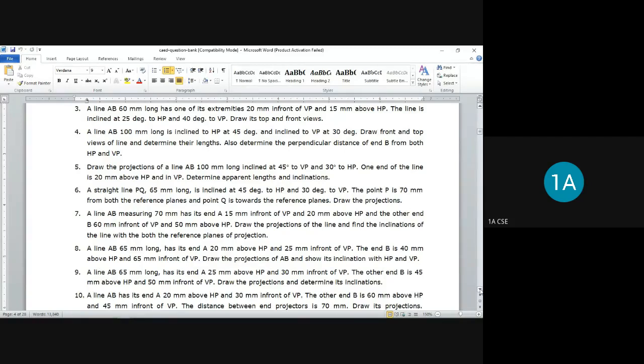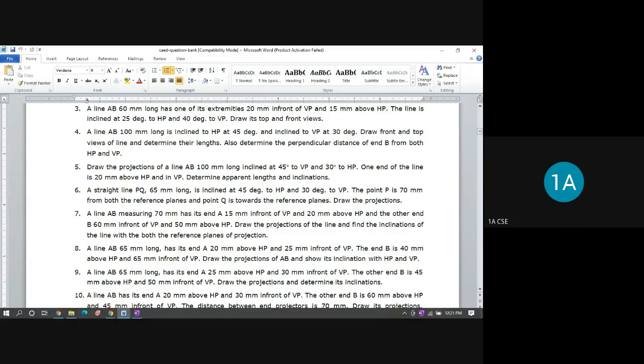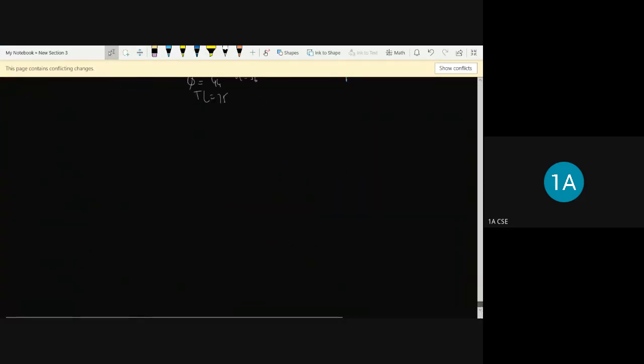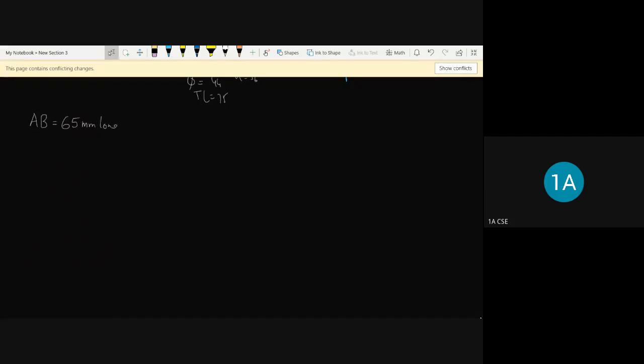Problem number 8: a line AB 65 mm long. AB is given as 65 mm long, and the positions are also mentioned.